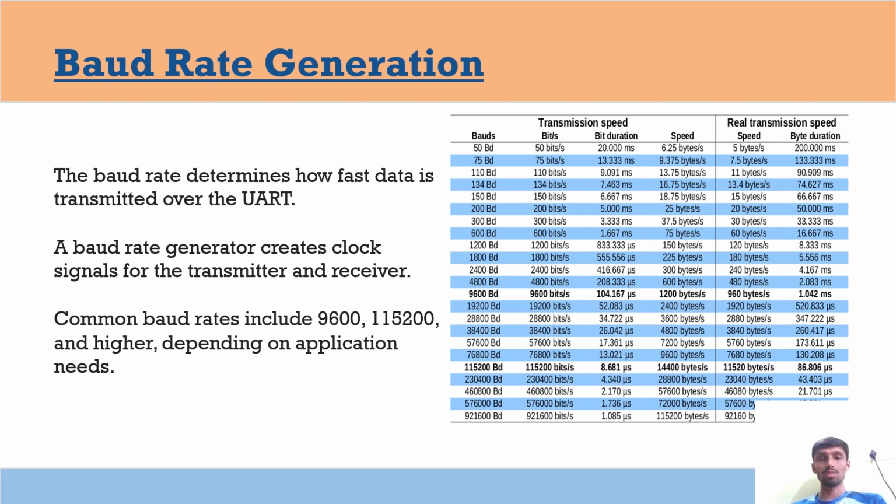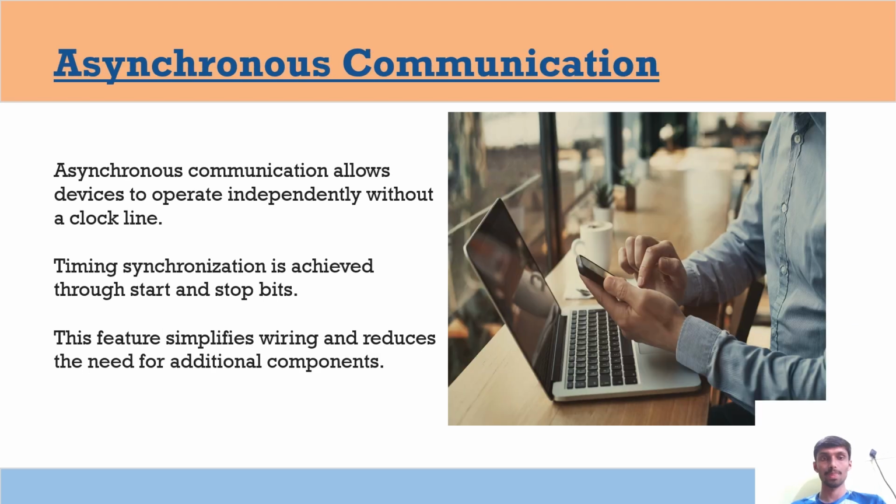These are small examples for the transmission speed and the real transmission speed. Asynchronous communication allows devices to operate independently without a clock line, and the timing synchronization is achieved through the start and stop bits. This feature simplifies the wiring and reduces the need for additional components.